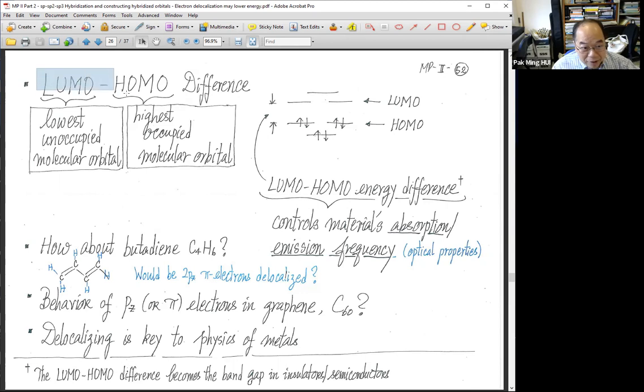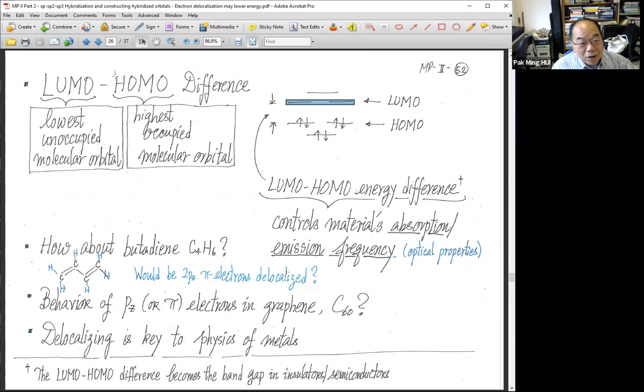That looks professional, but what it means is the following. LUMO is the lowest unoccupied molecular orbitals. Of course it means these orbitals, right? Lowest but empty, unoccupied.